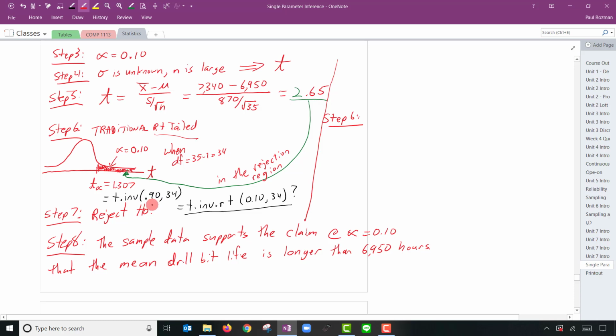If you didn't like this traditional method and you like p-values better, you would have written p-value method and right-tailed. And then we would have just found the area to the right of 2.65.